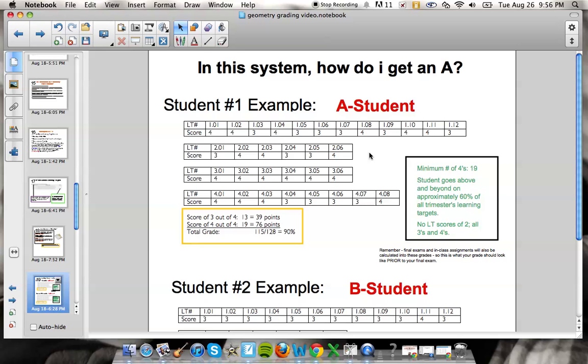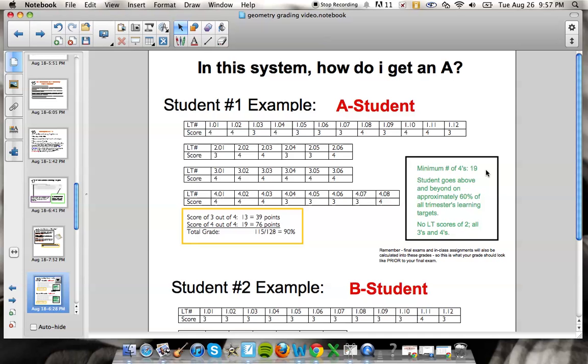So for an A student, they have to have a minimum of 19 learning targets. That's above 50%. So around 60% of all learning targets need to be shown at a 4 level or proficiency plus level. So if you are the student that is just okay with getting a 3 each time, that's not going to work. You're not going to get an A that way.